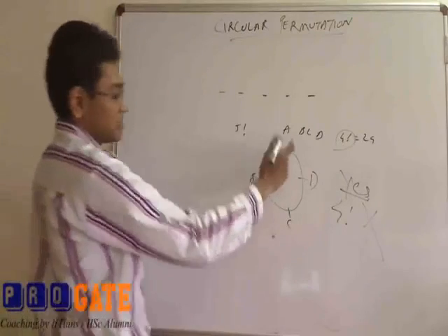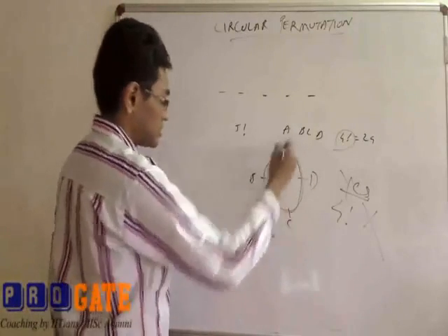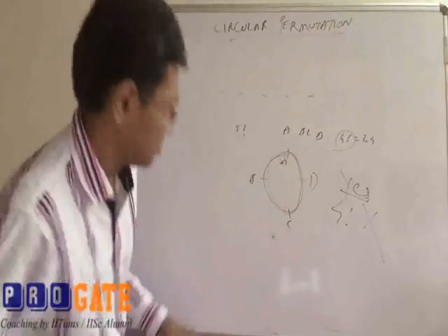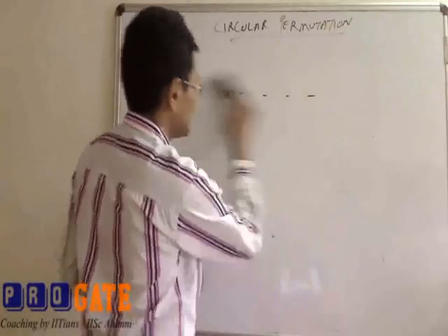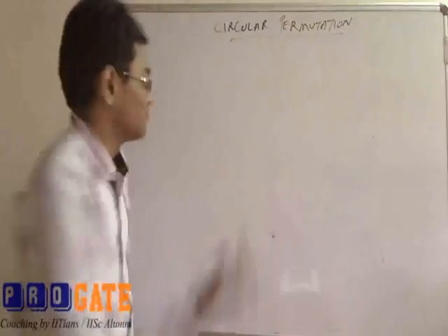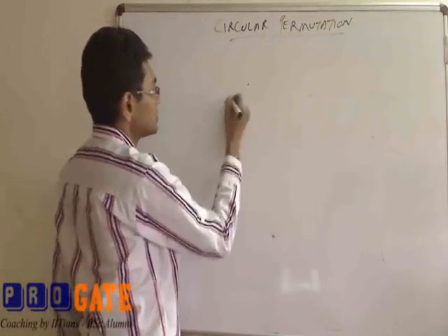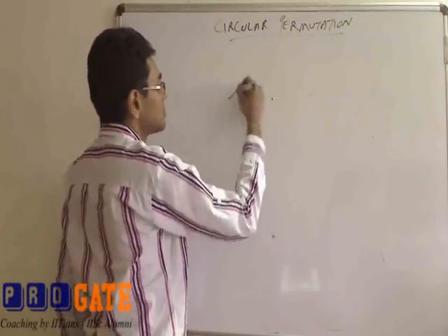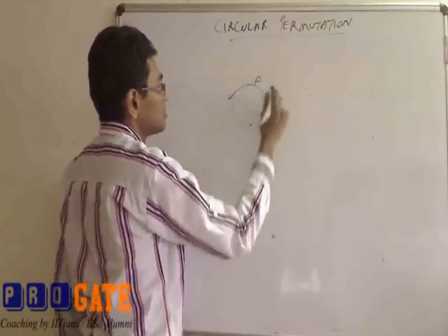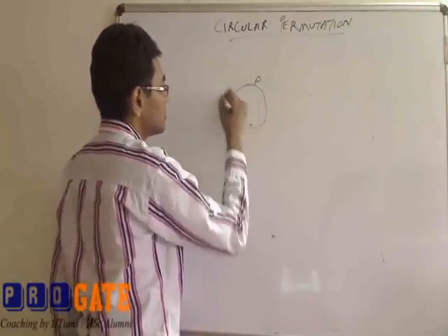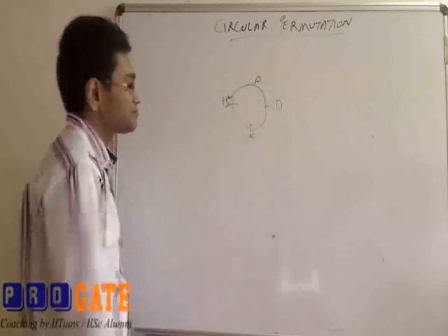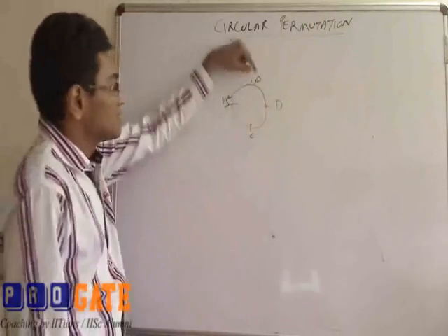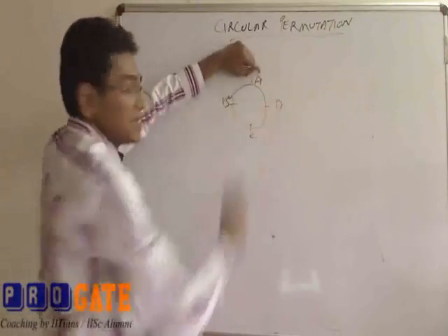Now if I want to arrange A, B, C, D in a circular or ring pattern, it turns out that there are lesser options available. And why is it so? Consider the circular arrangement like this: A, B, C and D. Let's say I fix A here.